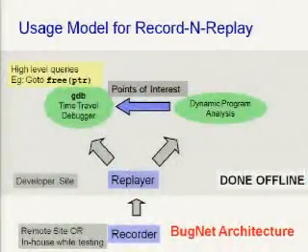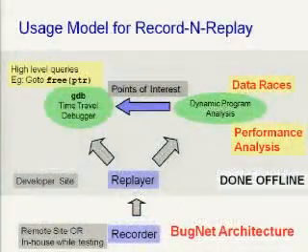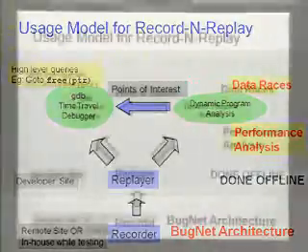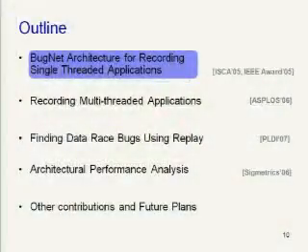So in this talk, I'm going to primarily focus on providing architecture support for enabling this recording feature. And then I'm going to talk about a couple of dynamic analysis tools that I built that are based on this ability to replay a program. So as I said, I'm going to talk about recording a program's execution using architecture support. First I'm going to focus on just single-threaded applications for simplicity.